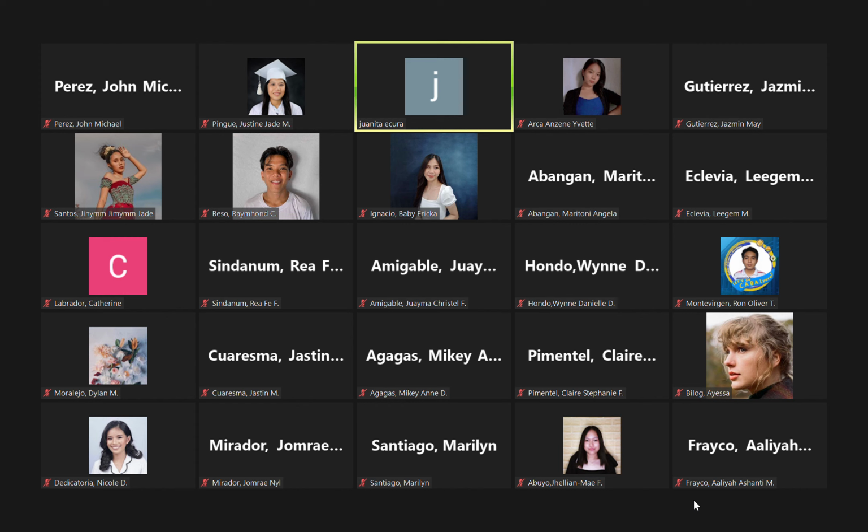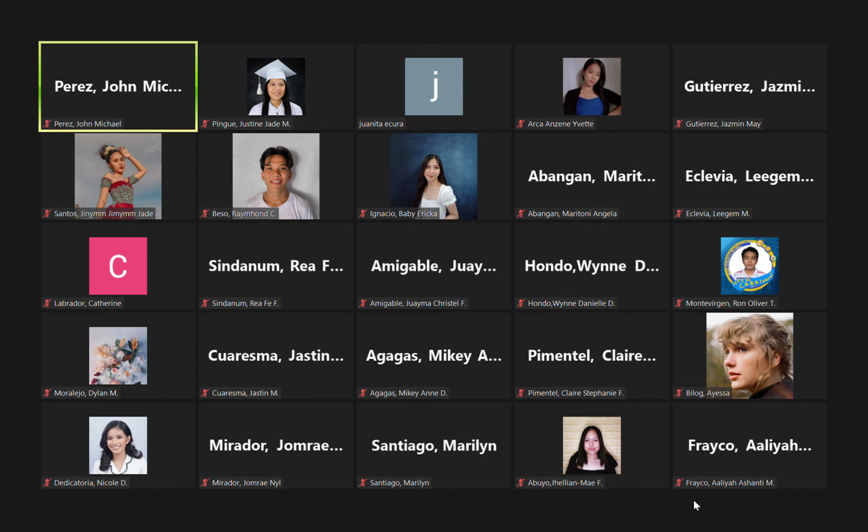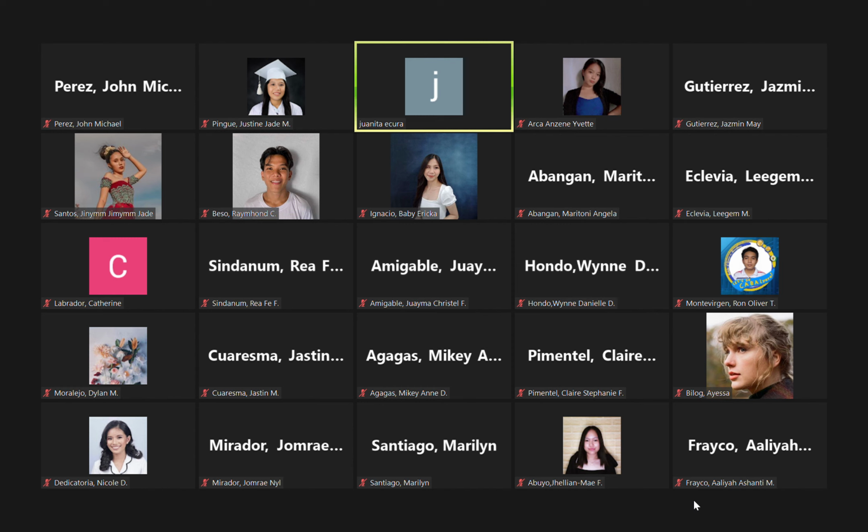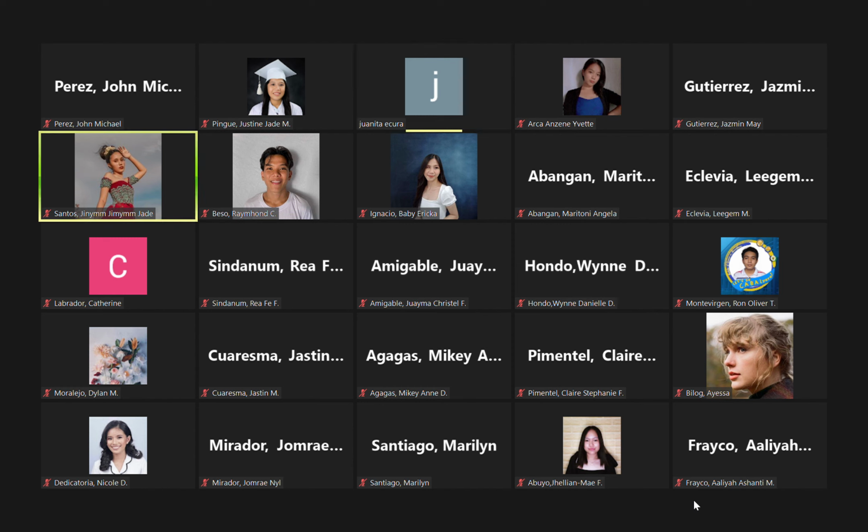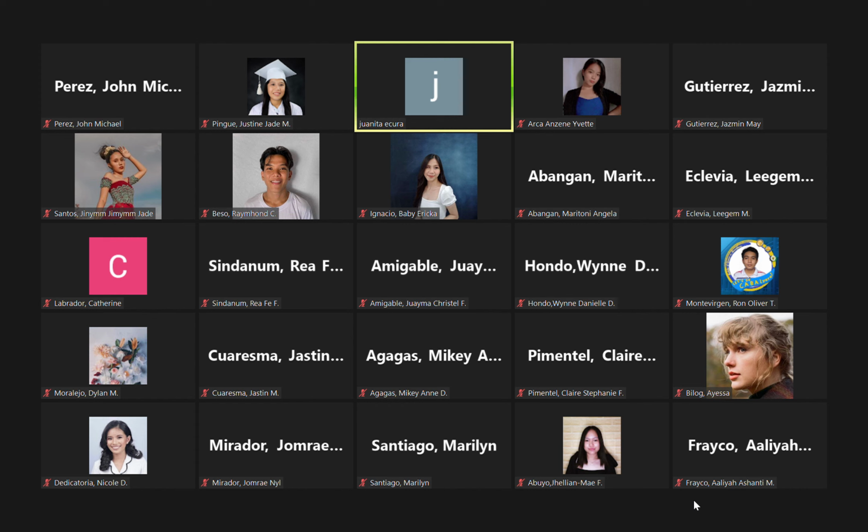Total equivalent production for materials, paki-add. 36,000 po. Okay, for conversion costs, 39,500. Cost charged to the department, yung una nating ginawa sa average, ang total nito ay 160,950.